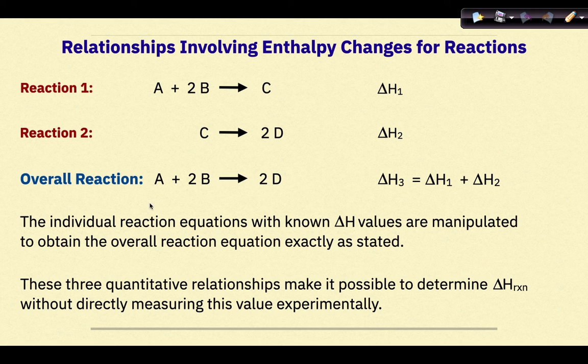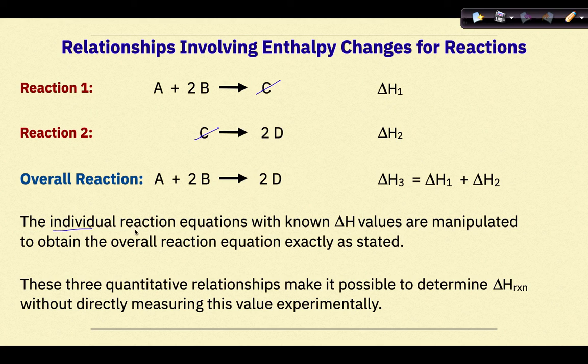Now, you'll see that the overall reaction is A plus 2B yields 2D, and there's no C in here at all. That's because this C and this C were canceled out. It was produced in this first reaction and consumed in the next reaction, which is why it is not here. To figure out the overall value, we're going to add together delta H1 plus delta H2.